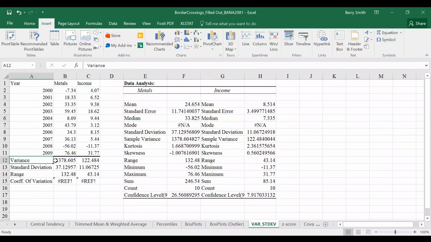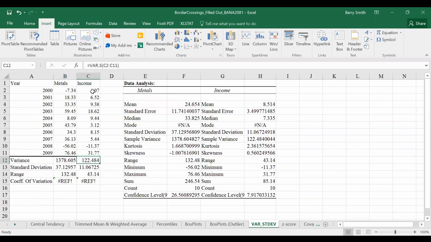So variance, we're just going to use var, okay? But because this is just a sample, we're going to use var.s because that's a sample. There's also var.p and just plain old var. But since we're using sample data, we're going to use the var.s, and then we're going to highlight the data, and that gives us the variance for the metals.